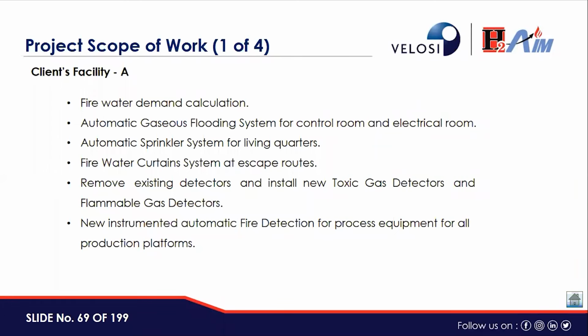Then we have to perform the study by removing the existing detectors and installing new toxic gas detectors and flammable gas detectors. New instrumented automatic fire detection for process equipment for all the production platforms. So this was the scope for facility A.